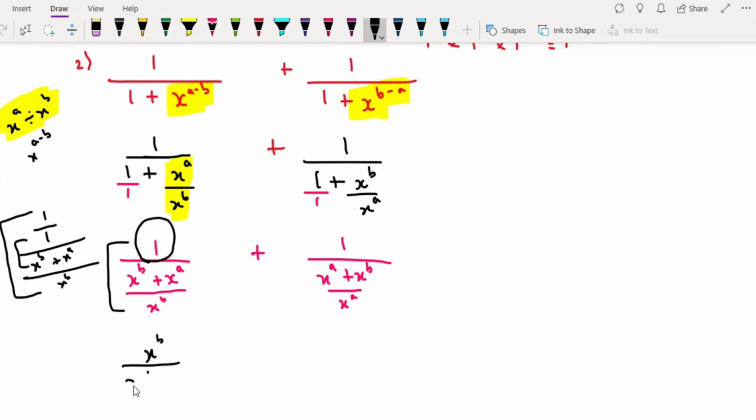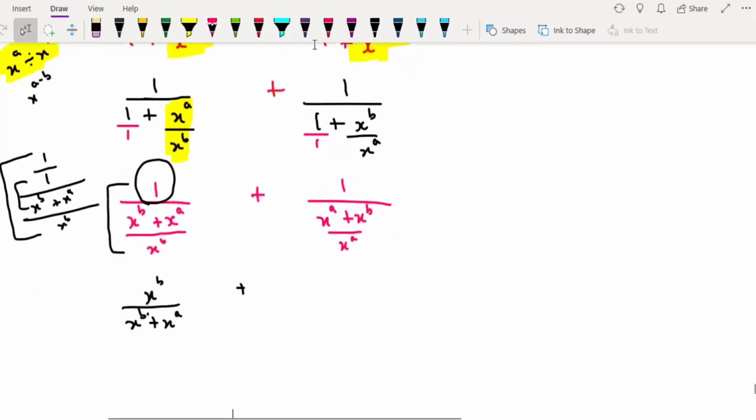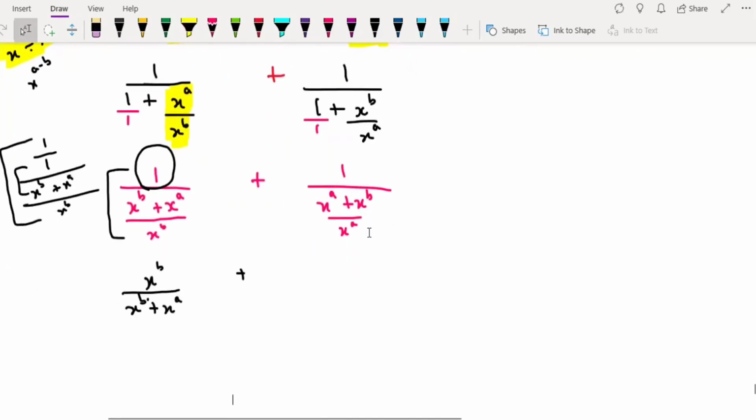Divided by x to the power of b plus x to the power of a, plus the same thing we're going to repeat for the second term: x to the power of a goes to the numerator, multiplied with the numerator 1. So x to the power of a divided by x to the power of a plus x to the power of b.